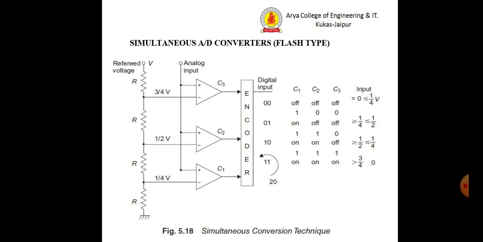The disadvantages are that there is a requirement of 2 raised to power n minus 1 comparators for an n bit A to D converter. This means 3 comparators are required for 2 bit and 15 comparators will be required for 4 bit A to D conversion.